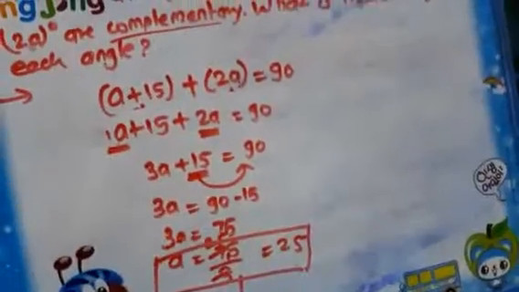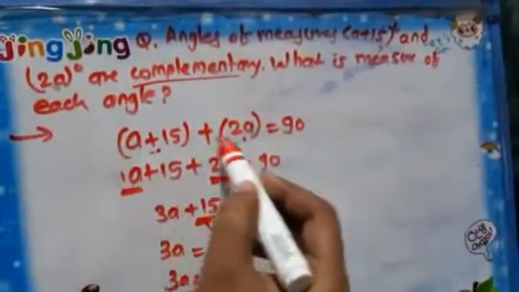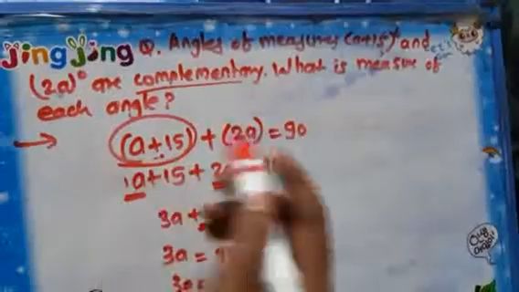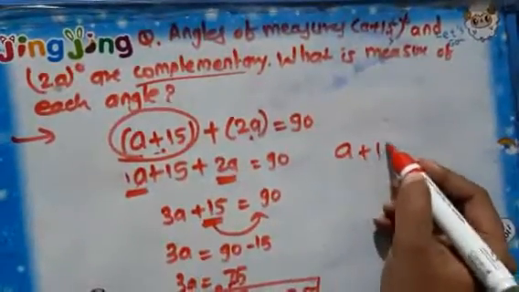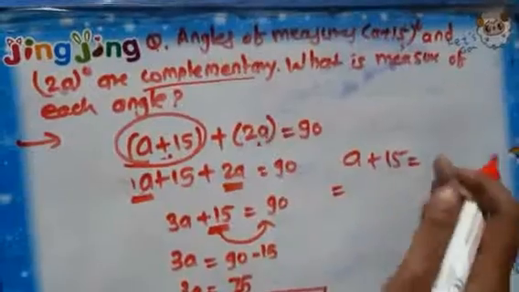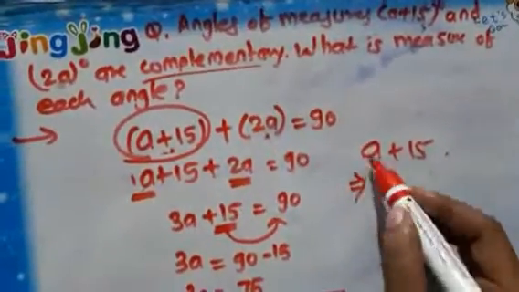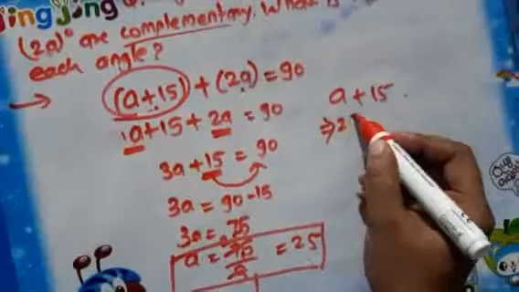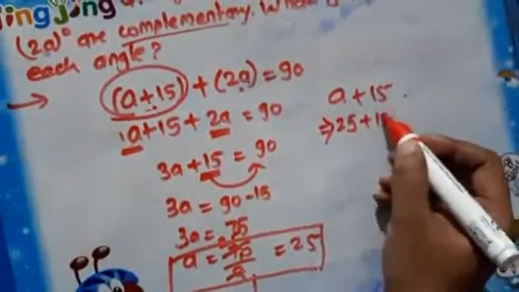So that value we will put in place of a. What is the first angle? The first angle is a plus 15. So what will it become? Value of a is 25, so in place of a we will keep 25 plus 15.